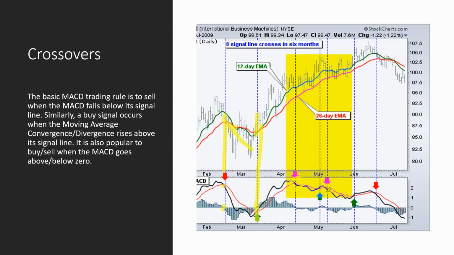Now, a bit of warning. MACD doesn't have any information on how far that movement will go. So it generates a lot of what I would call false signals. A false signal is not necessarily that it gave you an incorrect signal.